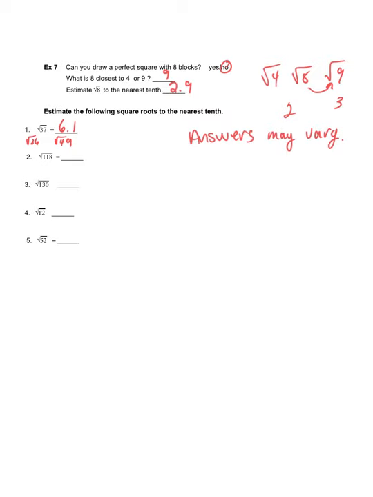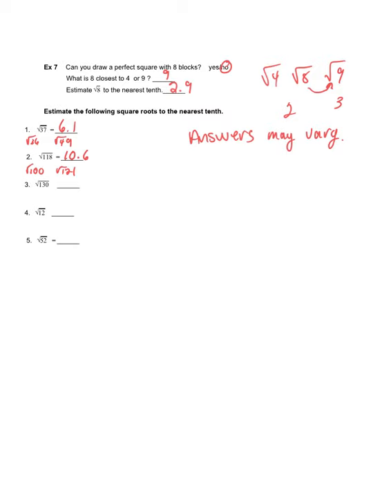So I would estimate it to be about 6.1. If we're looking at 118, it's between 100 and 121, and it's closer to 121. So I'm going to put like 10.6. Could have 10.7, something that's greater than 10.5.